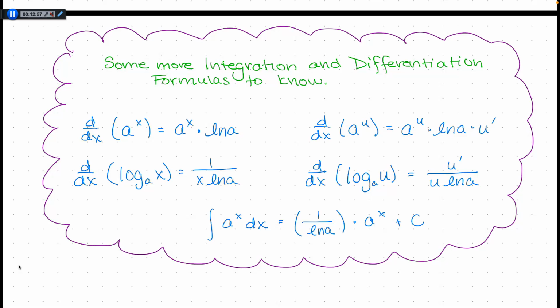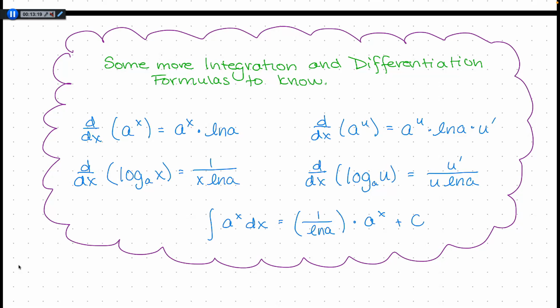Now, we really have kind of 3 formulas, even though it looks like there's 5. Because the top line is really the same formula. So we know the derivative of a to a power is a to the power times the natural log of that base.